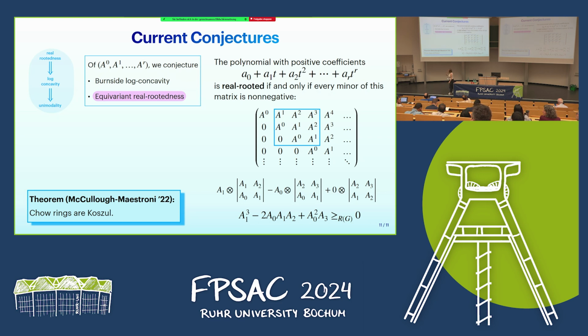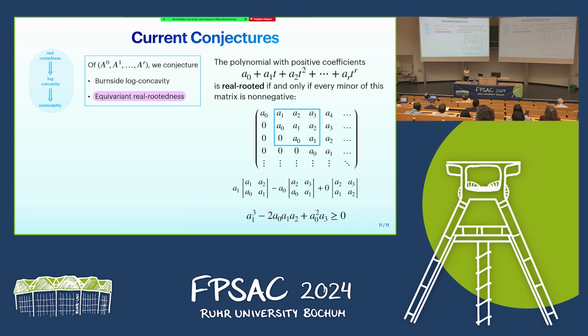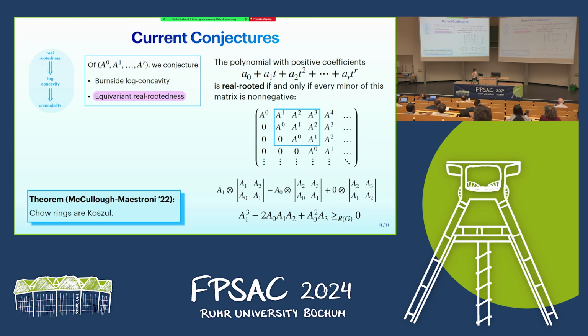If I'm working with numbers, it would be that the dimensions of the graded pieces are real rooted. That's the conjecture. Is that known? We're conjecturing something stronger, that this is true of the representations, but not permutation representations, because we have a counterexample.